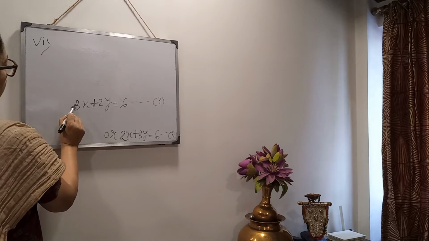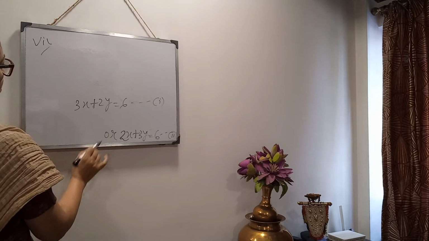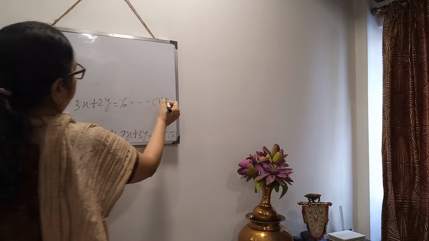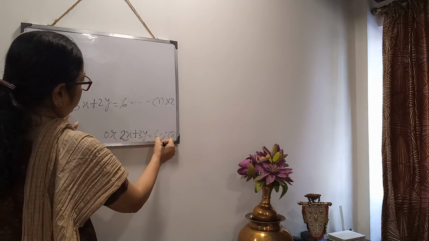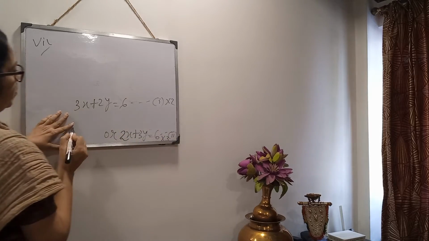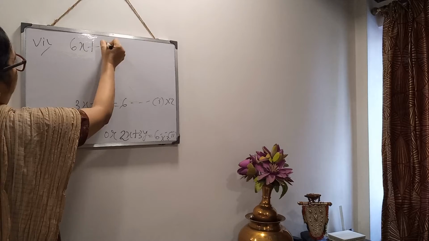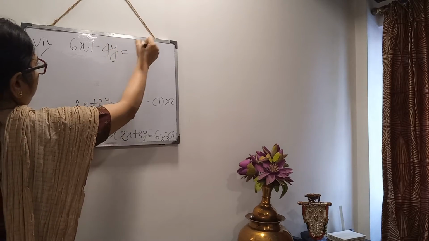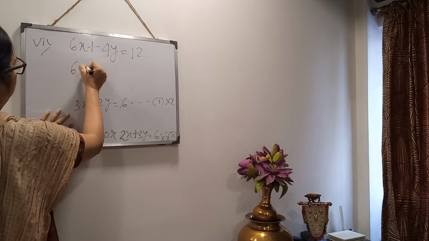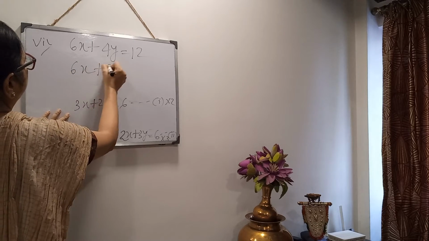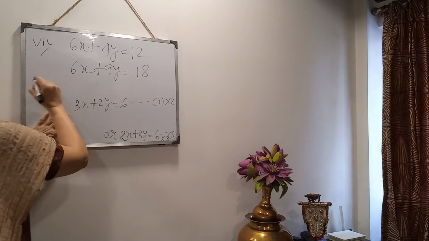I will make the coefficient of x in both the equations the same. So here, if I multiply by 2, it becomes 6. And this one, if I multiply by 3, it becomes 6. Now first this one, 6x plus 4y equals 12, and after multiplication it comes 6x plus 9y equals 18.